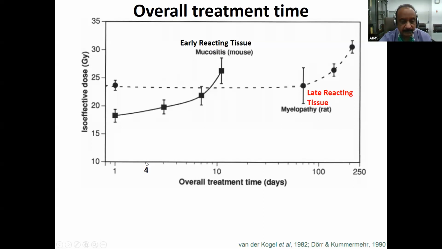Suppose you deliver the radiation in 4 days. Then for grade 2 mucositis, you will require roughly 20 gray.